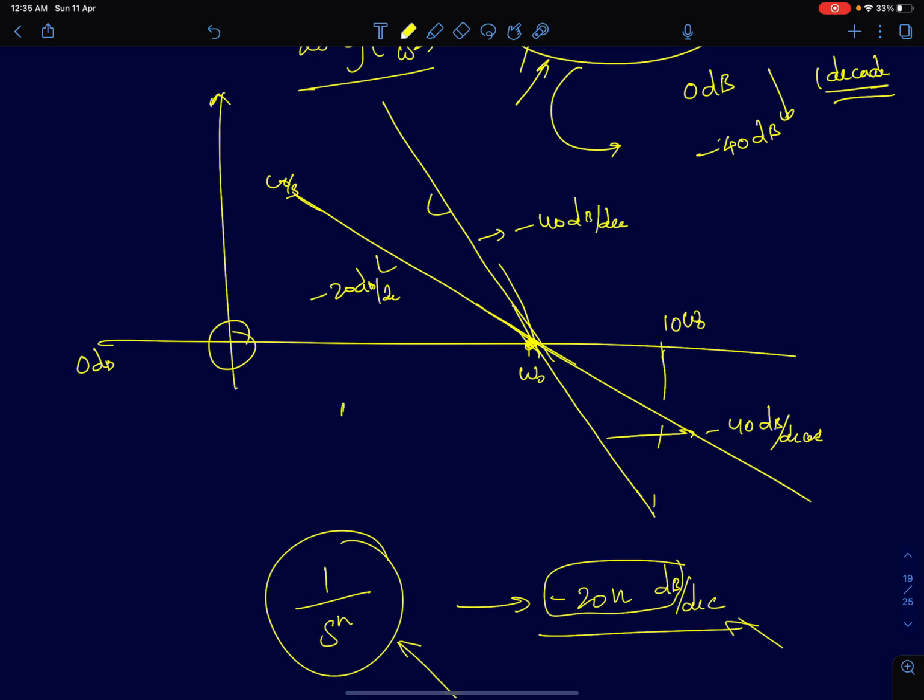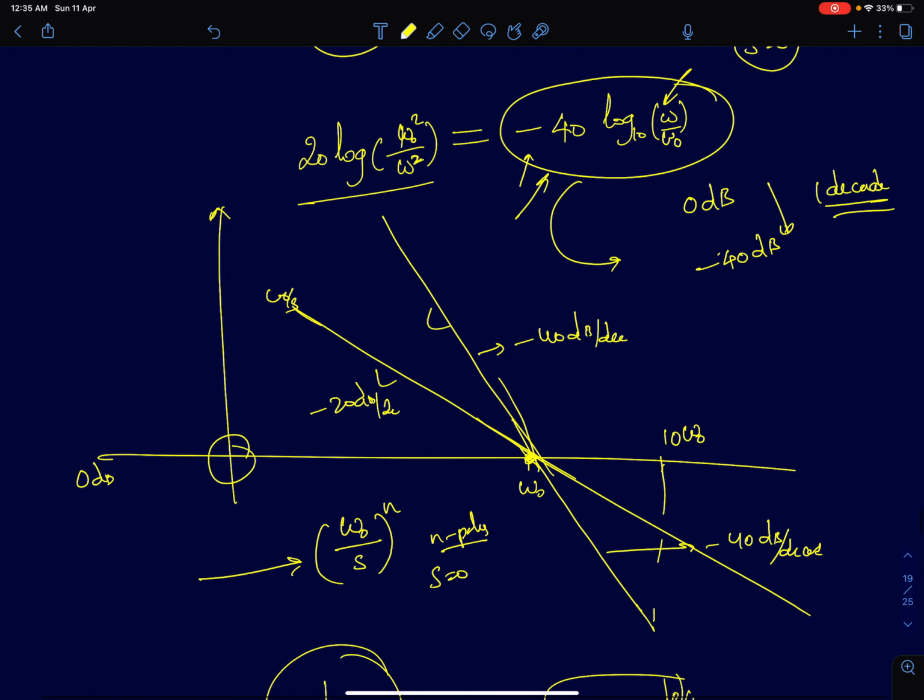Now if I consider a transfer function of this type, omega naught by s whole power n, wherein we have n poles at s equal to 0. In that case, if you substitute, you will get the transfer function as 20 log of omega naught divided by omega, the whole power n.